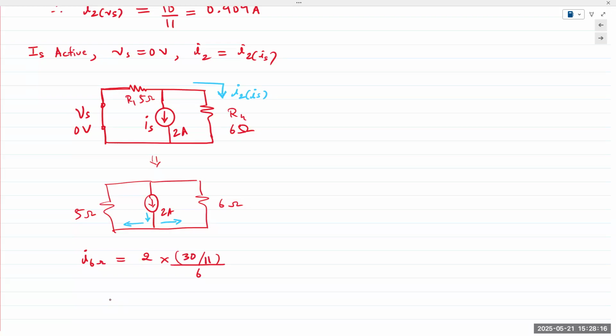How much is this current? Anyone? How much does it come out to be?